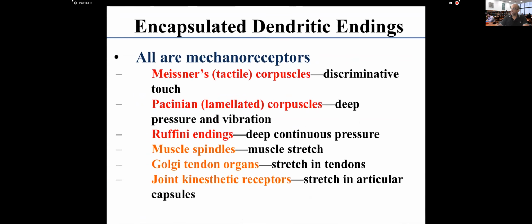Encapsulated dendritic endings, those are the nerve endings that are surrounded by a capsule. Those are like the Meissner's corpuscles that are responsible for detecting discriminative touch. What's discriminative touch? It's your ability to detect 2 points touching your skin as 2 separate points.